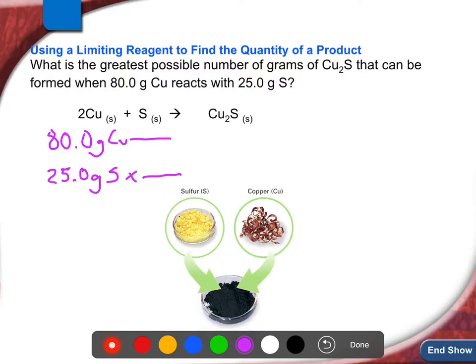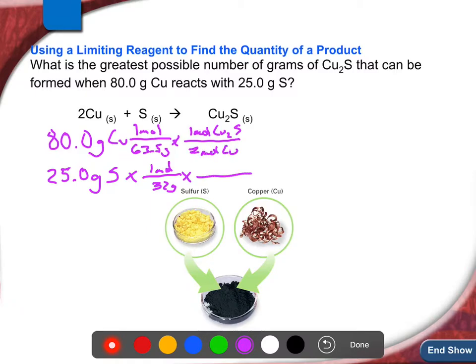So first step is always to convert to moles. So this is 63.5 grams in 1 mole, 32 grams in 1 mole. Then we got 1 mole of the copper 1 sulfide to 2 moles of copper.